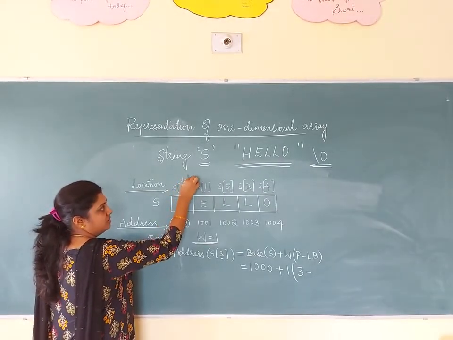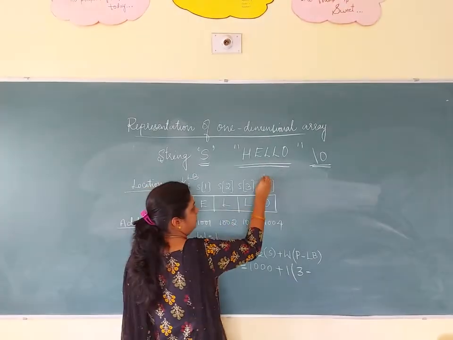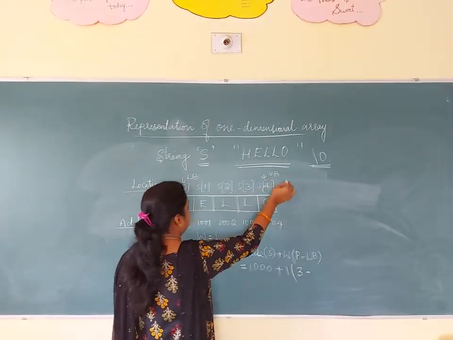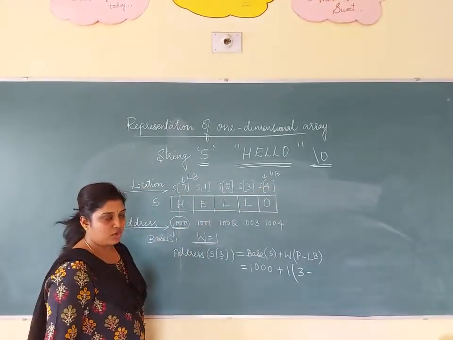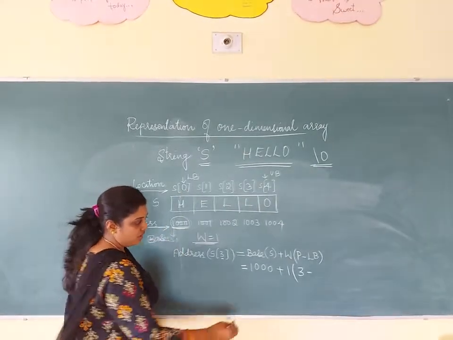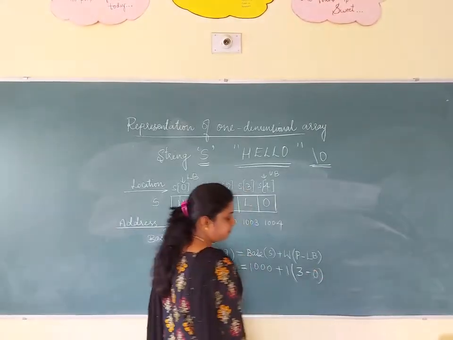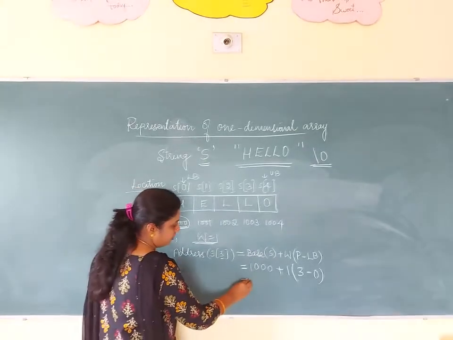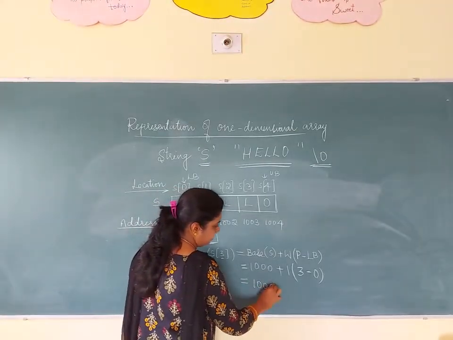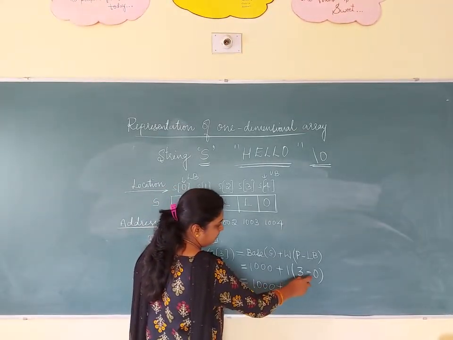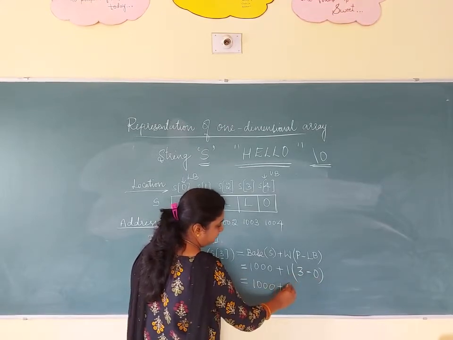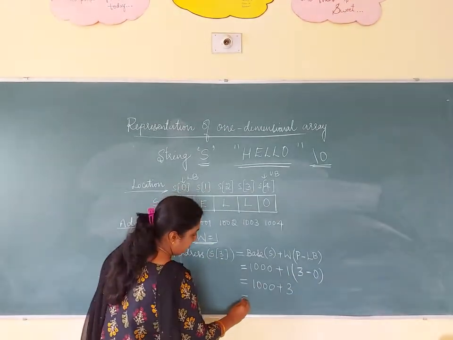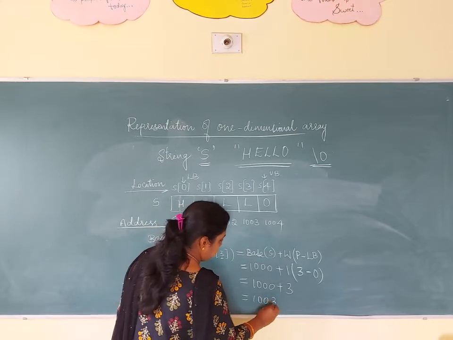Upper bound means 4. In this array, the lower bound is 0, so write 0 here. Now calculate 1000 plus 3 minus 0, which gives 3. 3 into 1 is 3. So 1003 is your answer.